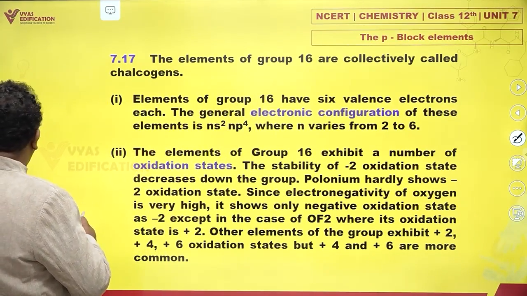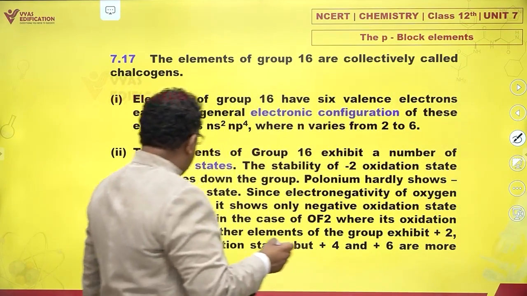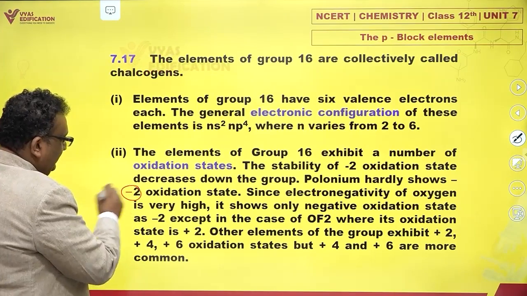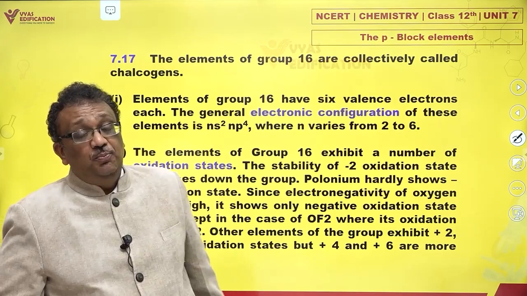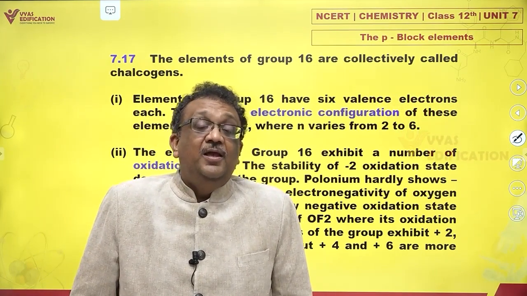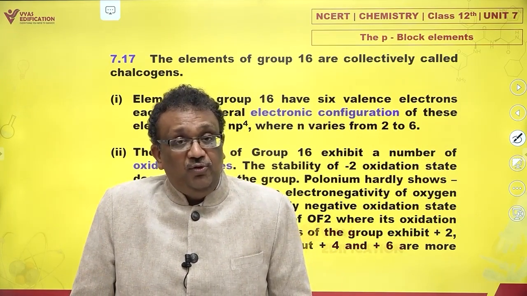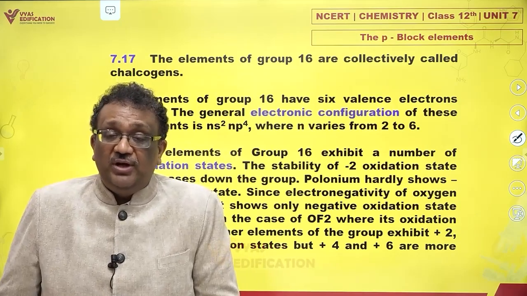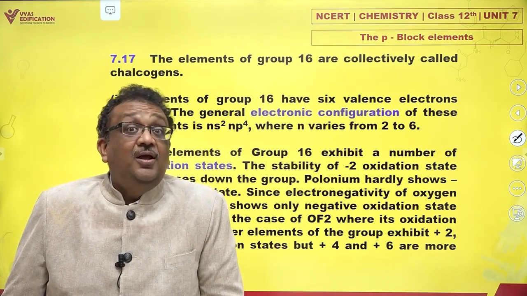So polonium, for all practical purposes, would not exhibit a -2 state at all. Now, oxygen, does it show positive states? Oxygen can be a maximum of +2 and that also only with fluorine. Oxygen forms OF2 or O2F2 in which oxygen can show +2 and +1, but that is rare. Otherwise, oxygen is always negative.